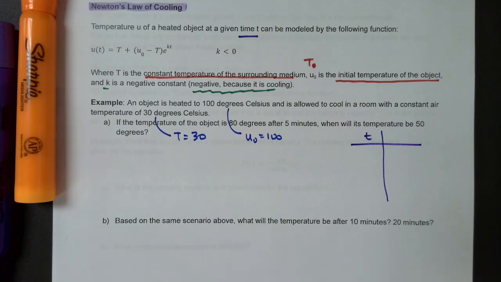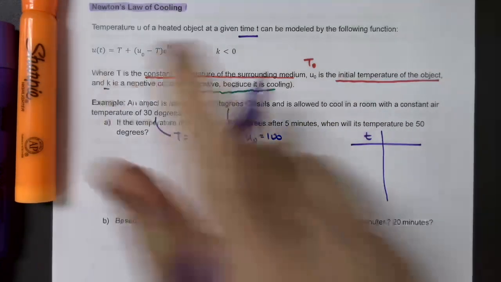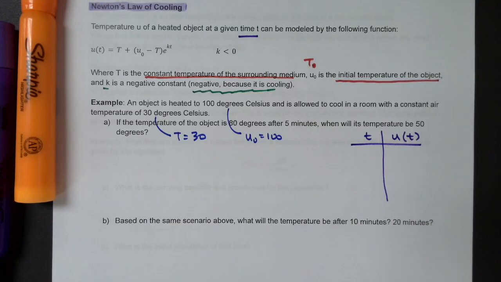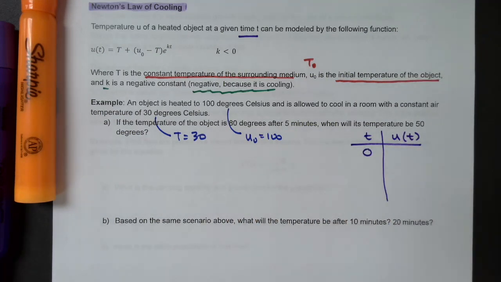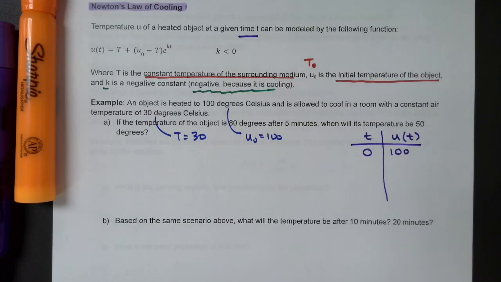Then this will be that final U of T, whatever temperature is associated with that. When time is 0, when it's brought in there at the start, we are at 100 degrees.